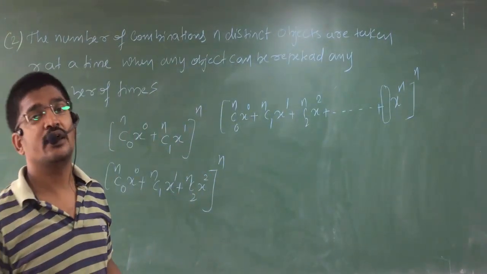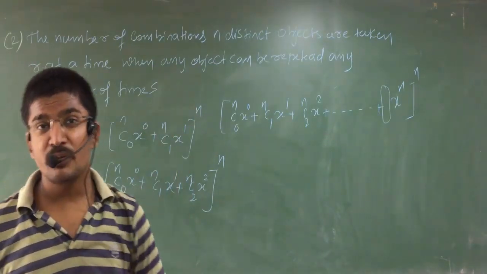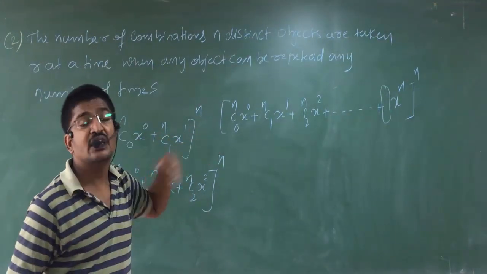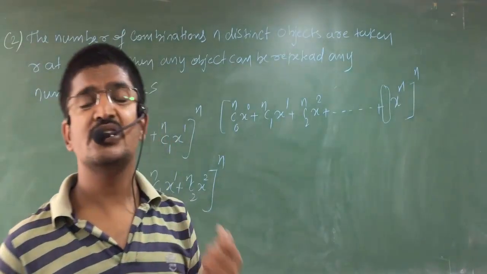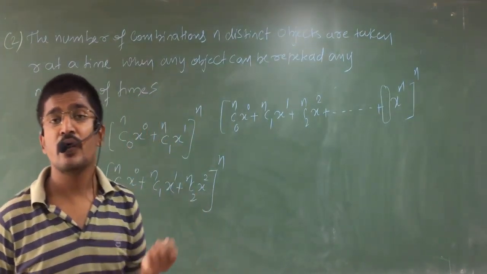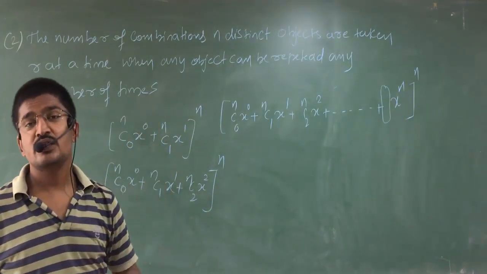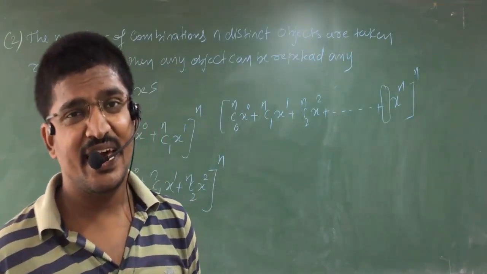Again I am telling you, if I solve the problem, then this is going to be clear to you. Without solving the problem, this is not going to be clear to you. No problem. For that, I will solve two or three problems. It will be very clear.